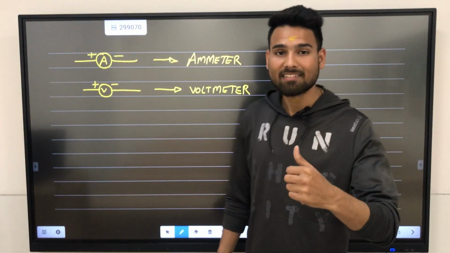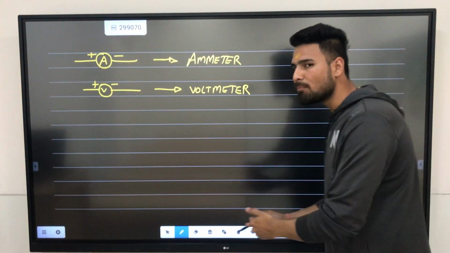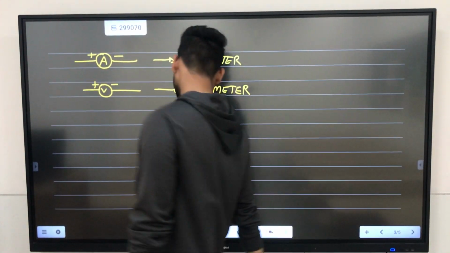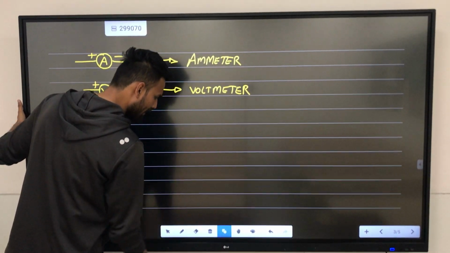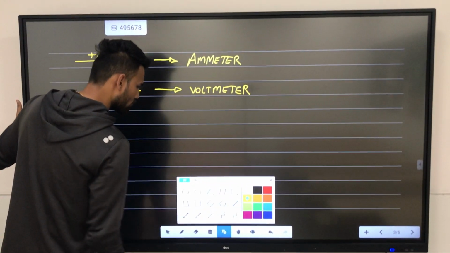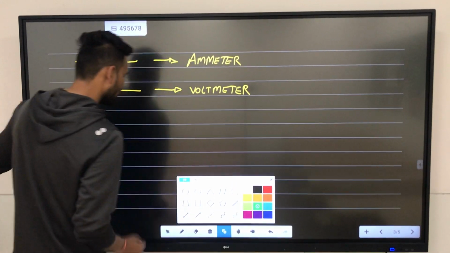Now talking about the electric circuit, how will we draw a particular electric circuit? So come, let us practice how we can draw the electric circuit. So here we go.